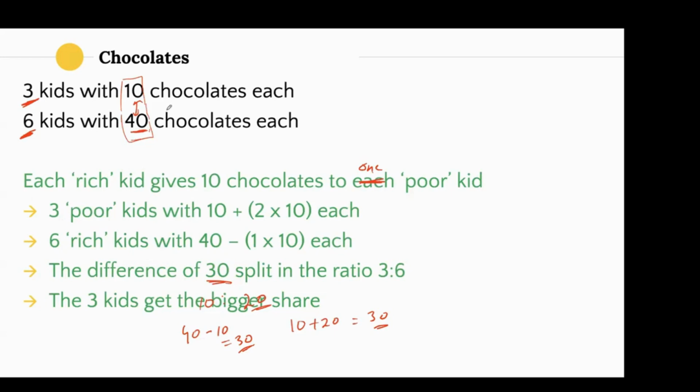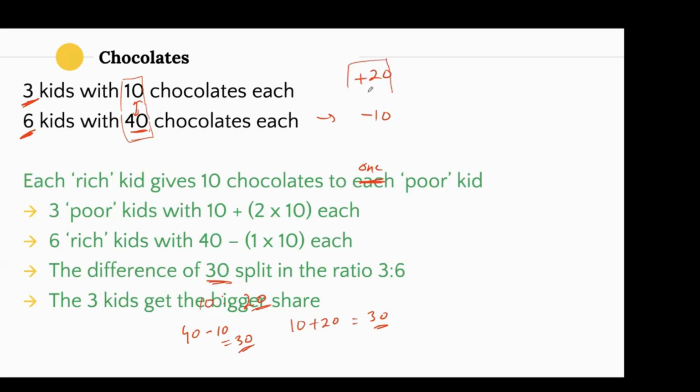On the other side, 1 poor kid will get chocolates from 2 rich kids, so he'll get double the number of chocolates, from one rich kid here and another rich kid there. Here, each rich kid is only giving out 10, but each poor one is getting 20.